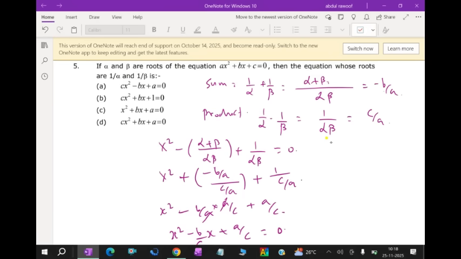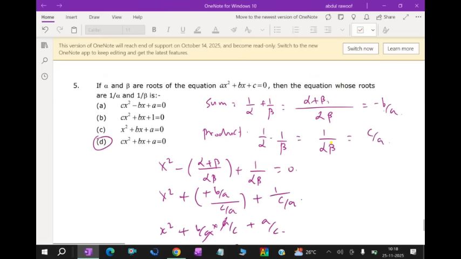We are already minus there, so it's plus. So our option is cx squared plus bx plus a. That means you have to use this way. Sum from the reciprocals 1 over alpha plus 1 over beta. This here. Because here alpha beta, sum of the root is minus b by a.